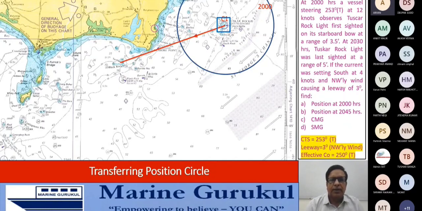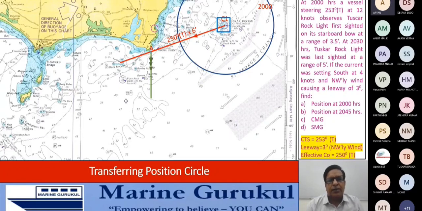Now the ship is doing an engine speed of 12 knots. So in half an hour, the engine distance shall be 6 miles. So we mark off 6 miles on it. We get this point A. Now wind is allowed for. Now is the time to allow for current. By now we all know where the current is to be plotted. The current is to be plotted at A. So at point A, we plot the current southerly, represented by 3 arrows.